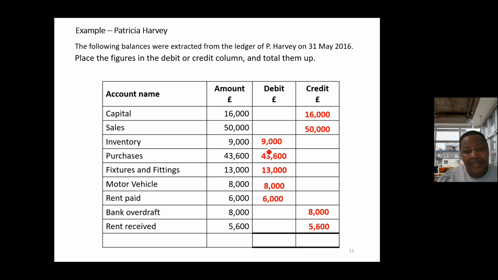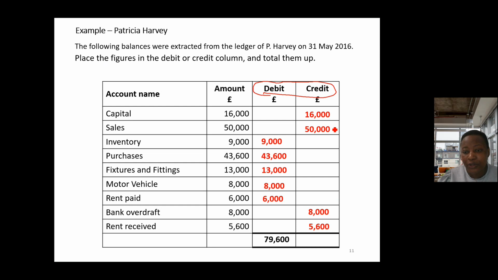The key thing with the trial balance is that both sides, the debit and the credit side, have to be equal, and then we know that we're right or wrong. So we need to sum up 9,000, 3,600, 13,000, 8,000, 6,000. If we sum that up, we should have 79,600. For us to be right, it has to be equal to whatever we have here.